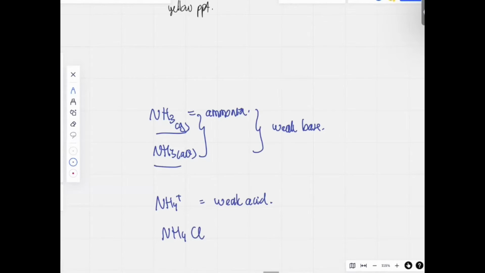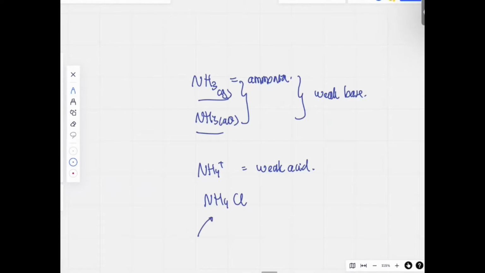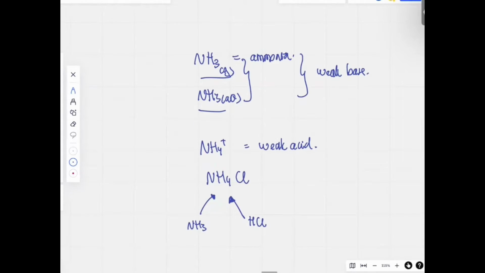For example, NH4Cl is made up of NH3 and HCl, hydrogen chloride. NH3 is a weak base and HCl is a strong acid. After you combine, it will be slightly acidic because it's made up from a weak base and a strong acid.